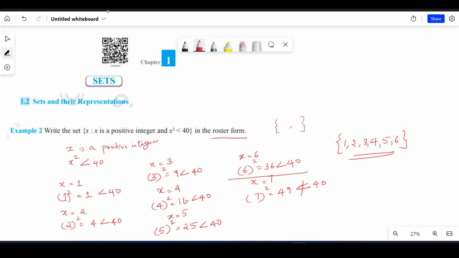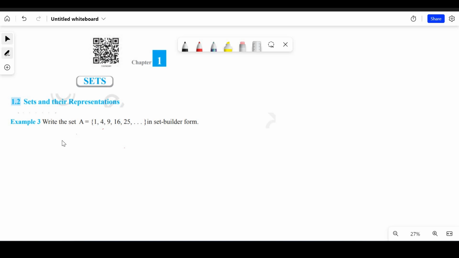Now let's look at the third example. Write the set A equal to 1, 4, 9, 16, 25, etc. in set builder form. So we have to write this set in set builder form. We can understand that the set is the square of the natural numbers.